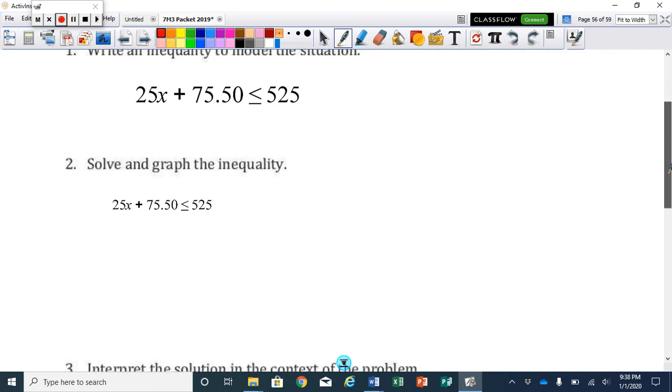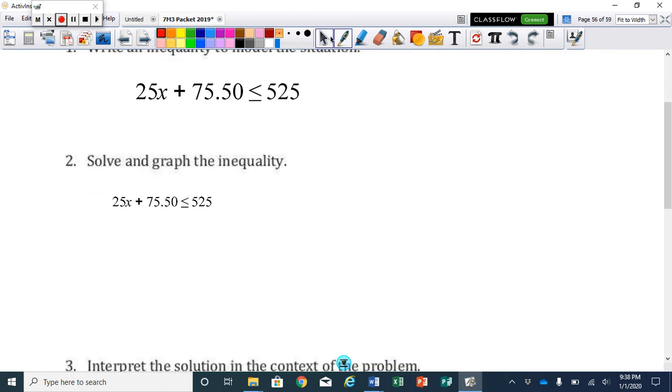Solve and graph the inequality. So if I subtract 75.50 from both sides, I wind up with 25x is less than or equal to 449.50. That's the amount of days I can rent it.